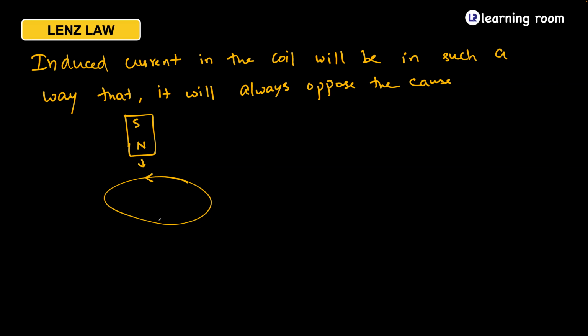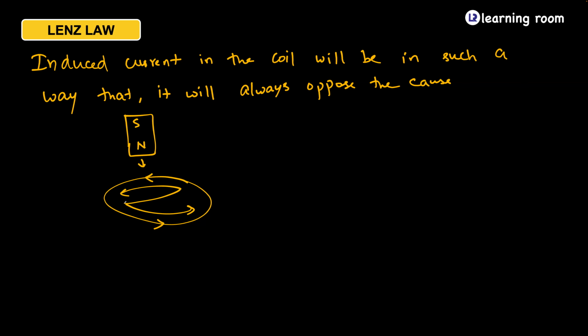So there should be an anti-clockwise current that is flowing in this. So it is north pole. So when you see from the top, it is like north pole.